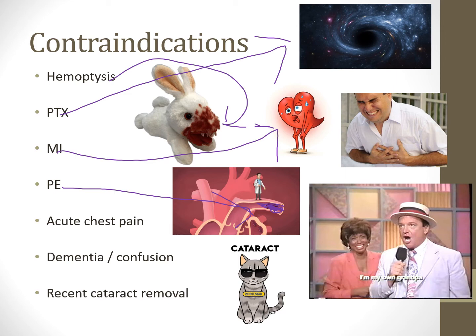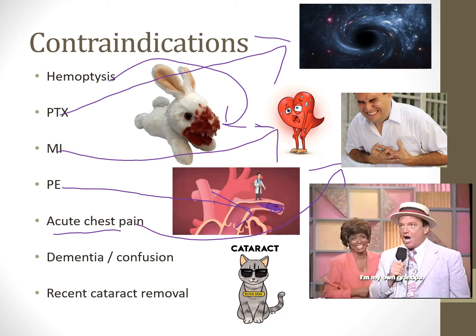If a patient's experiencing acute chest pain, you don't want them to continue on with the test. Chest pain or angina is not acceptable. If they have unstable angina or chest pain, they need to get that taken care of, and that's not something we're going to do.